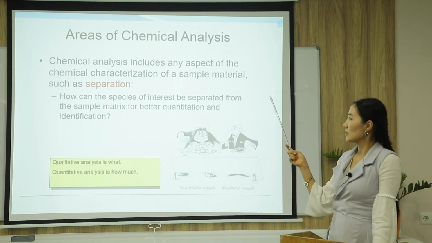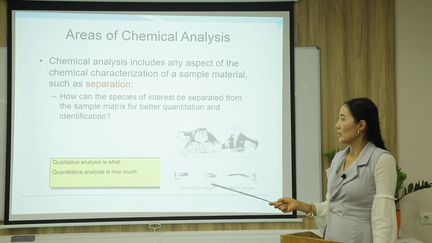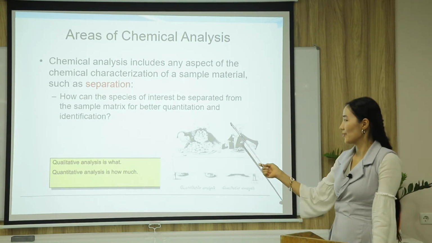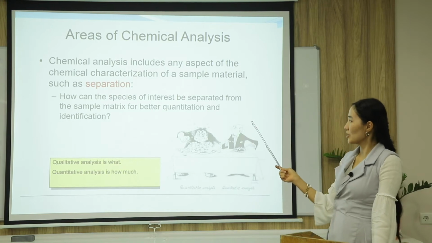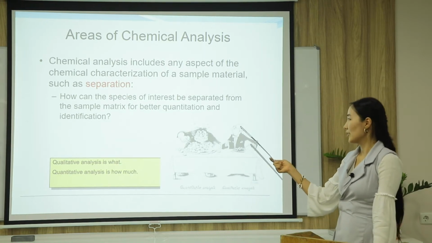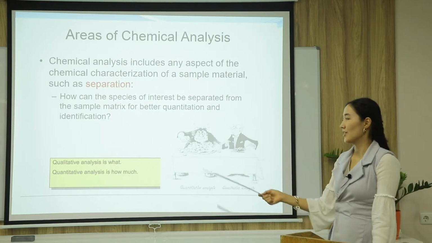Chemical analysis includes any aspect of the chemical characterization of a sample material, such as separation. How can the species of interest be separated from the sample matrix for better quantitation and identification?